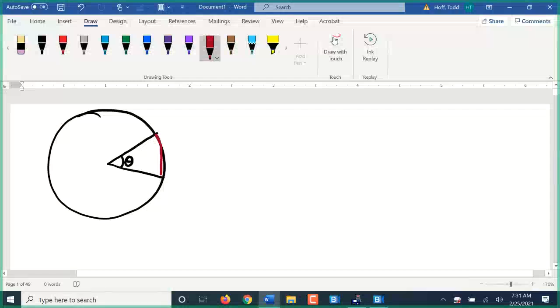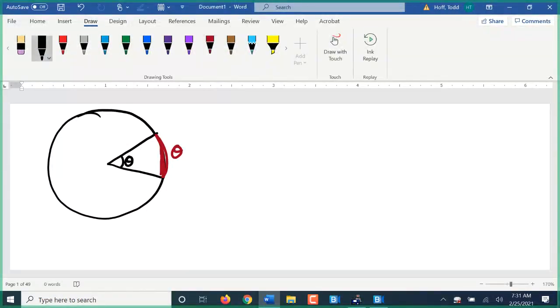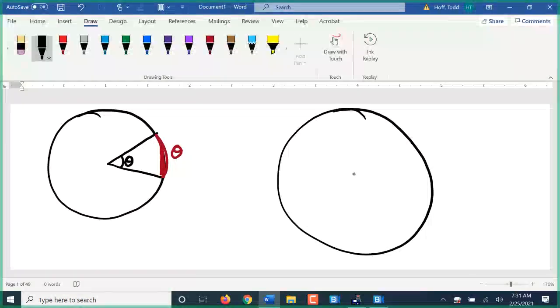One way of defining it is it has the same degrees as that central angle. For example, if I say this angle here is 72 degrees, this arc out here is also 72 degrees.